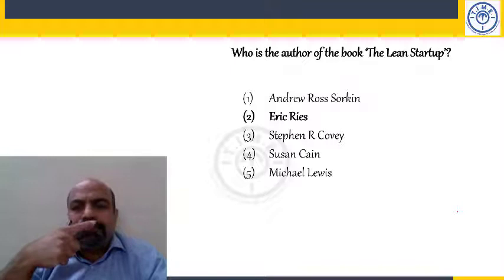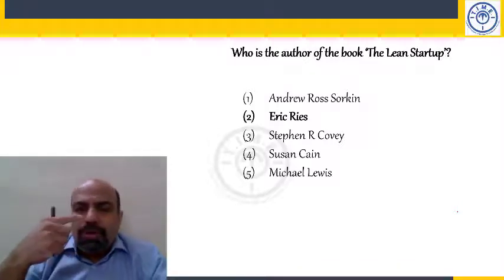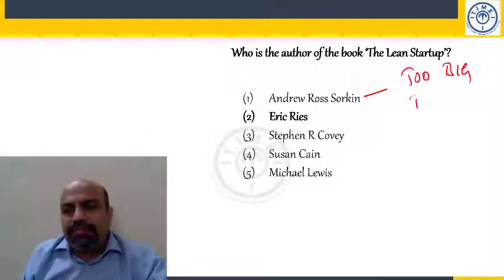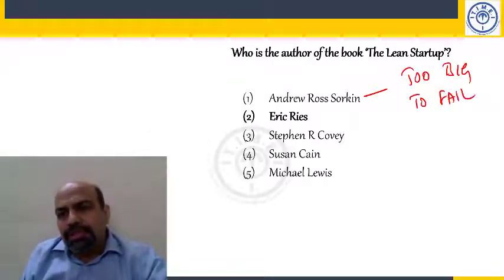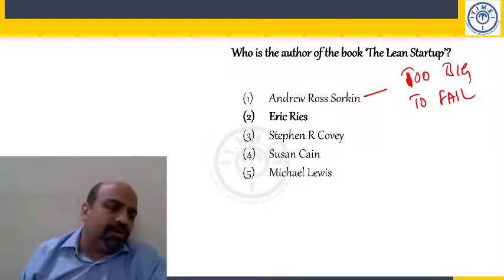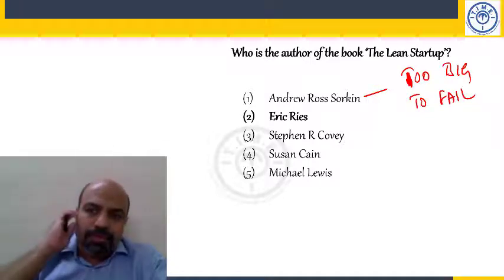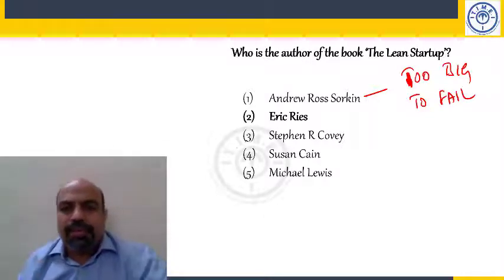What about these guys here? Sorkin is the author of this book called, very good book, Too Big to Fail. It's about large corporations that do bad, but they're too big to fail, so they cannot be allowed to fail. Too big to fail.